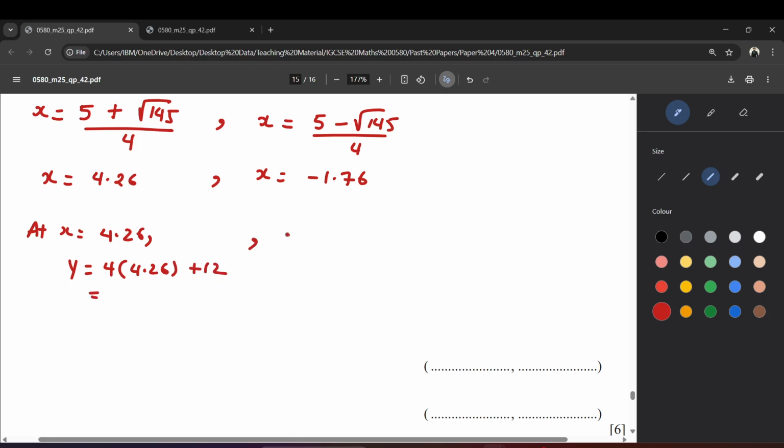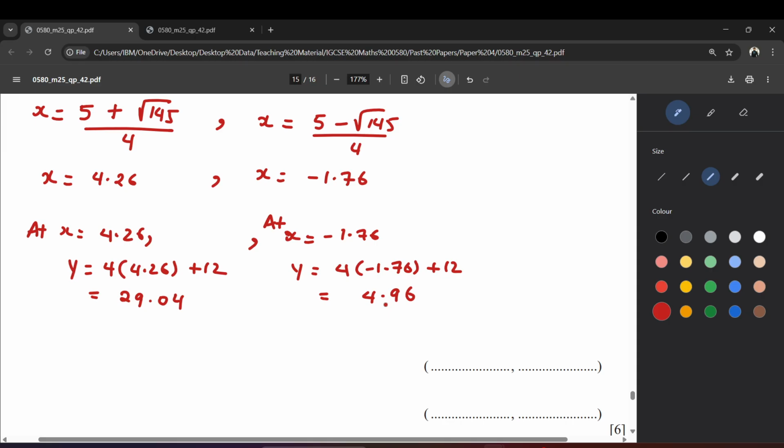On this side, at x equals minus 1.76, y is equal to 4 times minus 1.76 plus 12. So 4 times 4.26 plus 12 gives us 29.04. And if you work out minus 1.76, that will give you 4.96.